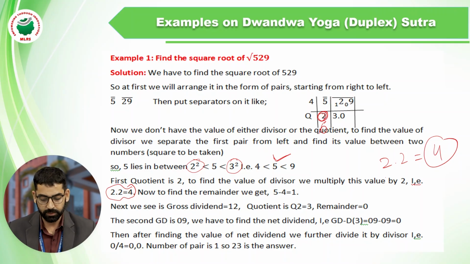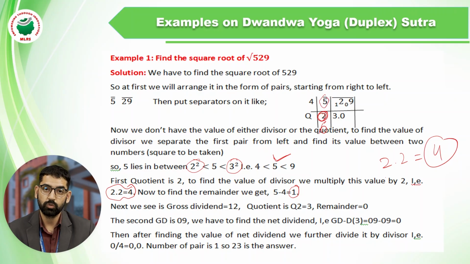We have found the quotient. We have found the divisor. Now we are left with finding the remainder. So the remainder is 5 minus 4, that is equal to 1. So the remainder in this case is 1. We have found the first quotient by taking the number 5, the first number here, which lies between the squares of two numbers.